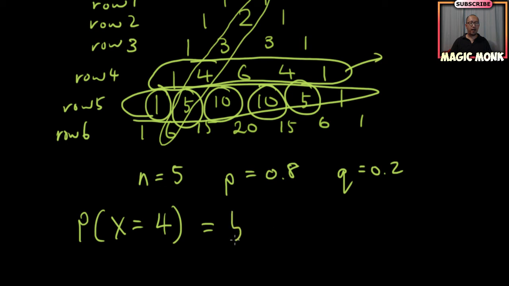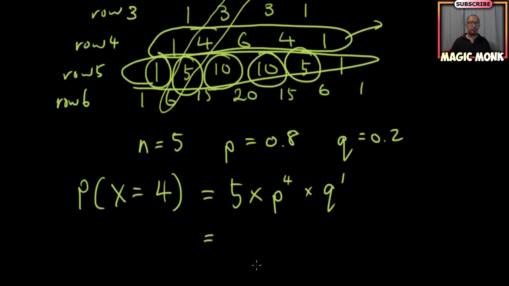So you're going to 5 times. Now there are 4 successes, so probability of success to the power of 4 times probability of failure to the power of 1. So 5 times probability of success 0.8 to the power of 4 times probability of failure 0.2 to the power of 1.